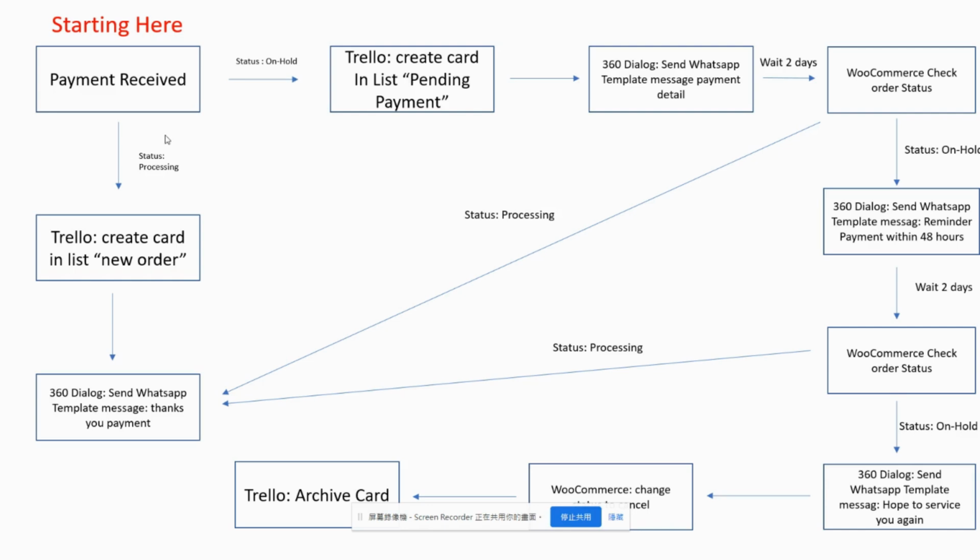Okay, let me kick off the flow. As I mentioned before, once a deal is placed there are two order statuses: the first one is on hold, the other one is processing. Let me go for processing first, because it is relatively simple. When the order comes in, I use the router to check whether it is on hold or processing.